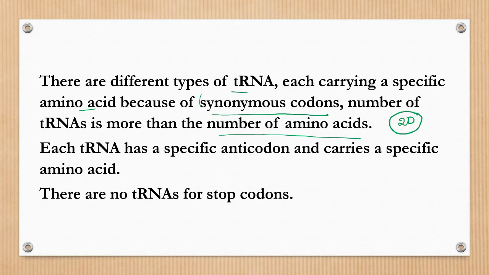In the genetic code table we can find that some amino acids have only one triplet codon, some are represented by two triplet codons. For example, AUG is represented by only one triplet codon. Some amino acids have three triplet codons, and some have six triplet codons, so six triplet codons represent only one amino acid.